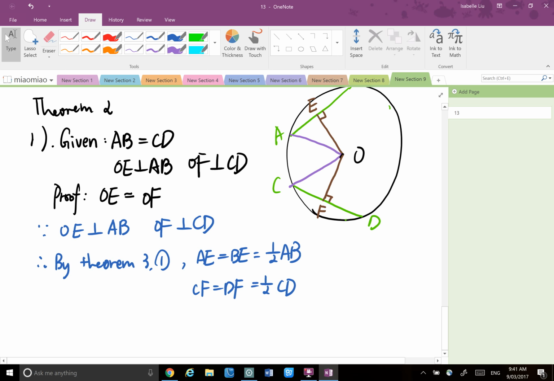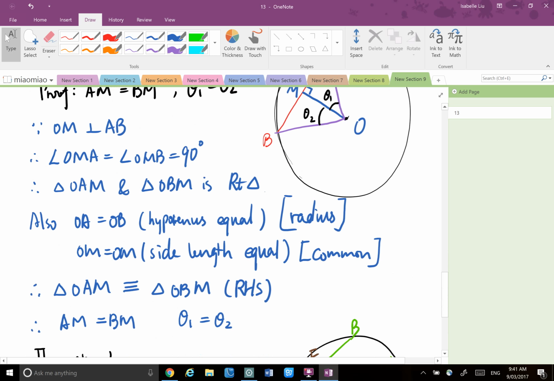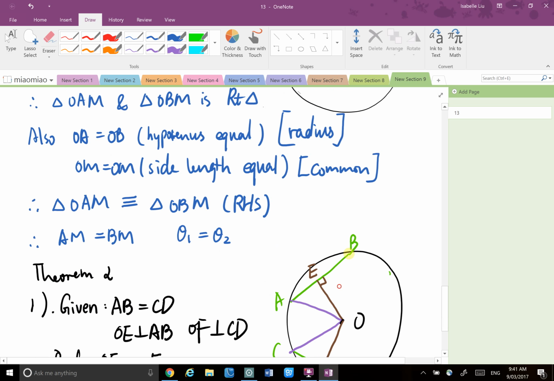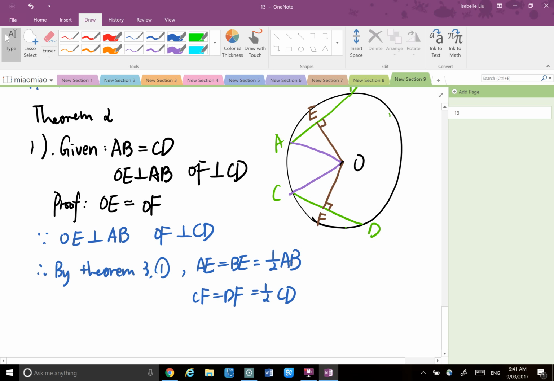I'll use this, I don't want to prove all of that again. If you are asked for a full proof, you need to repeat what we have done here. But I'll directly say by theorem 3 number 1, I don't need to go through all that proof again. I've shown that in the previous stage. By that, we know the perpendicular will bisect the chord.